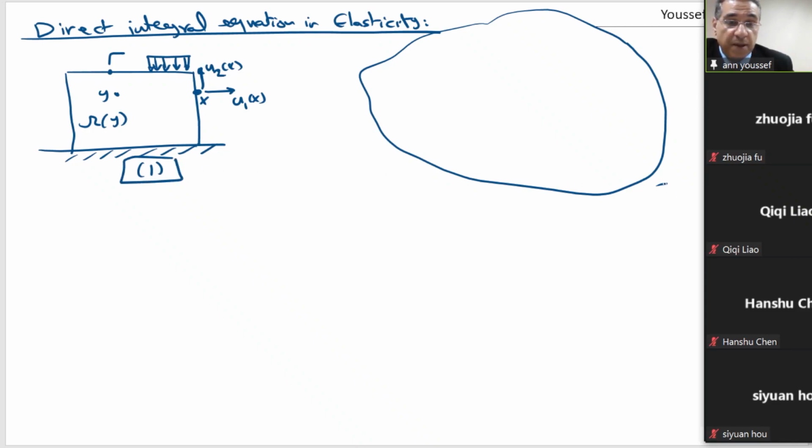The second problem is an infinite domain, totally infinite domain. I'm going to put the shape of my problem here, like what we did in the indirect form. And I can choose, for example, here is a point x. I can choose any point here called xi. And I have two cases.